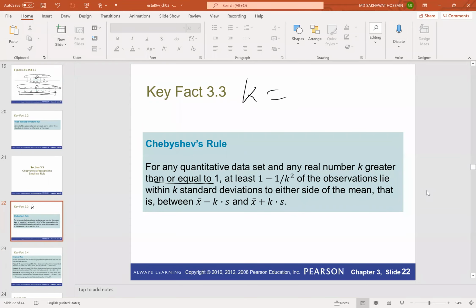At least 1 minus 1 over k squared of the observations lie within k standard deviations to either side of the mean.